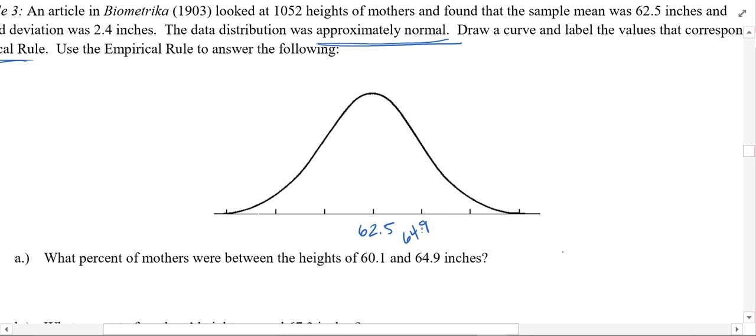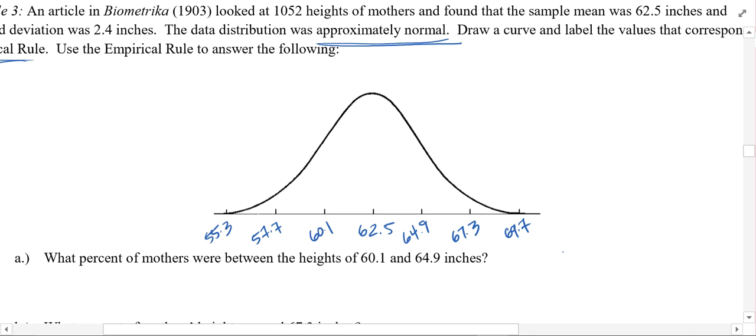Then I'm going to add on another standard deviation, and then one more. We're just going up by our standard deviations, and then going down. We go down one standard deviation, then again, and then again, just subtracting the 2.4, which is the standard deviation.